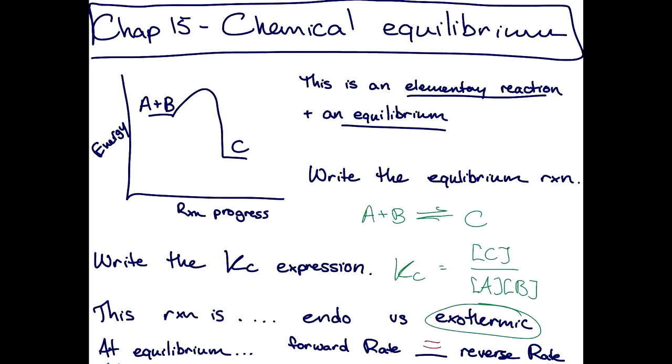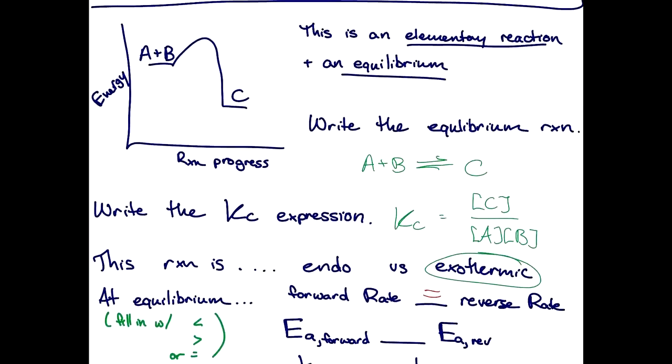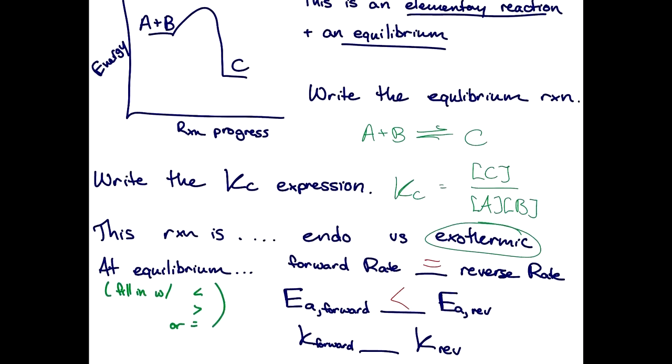That's a different question. Okay, so let's get to that idea. How does the activation energy differ? Which one's greater? Reverse. Yeah, so the hill is bigger when you go backwards. So now, compare the rate constants. Yes, now you can answer it: the forward direction is faster than the reverse direction in terms of rate constants.